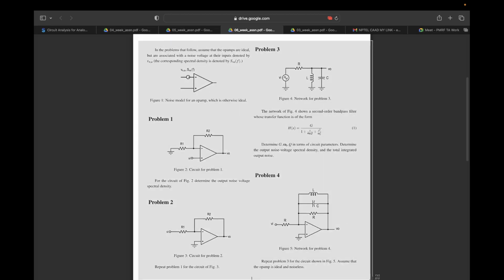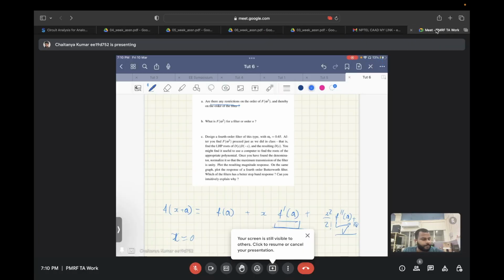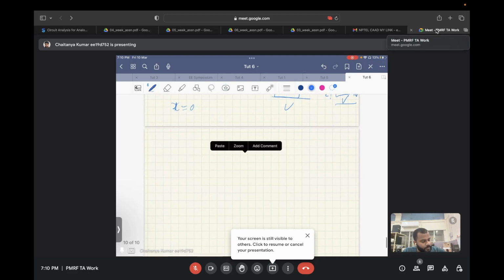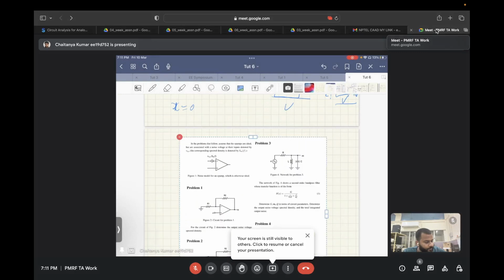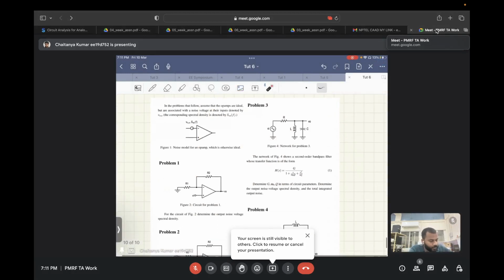So let's bring this thing over here. Problem one: determine the output noise voltage spectral density.